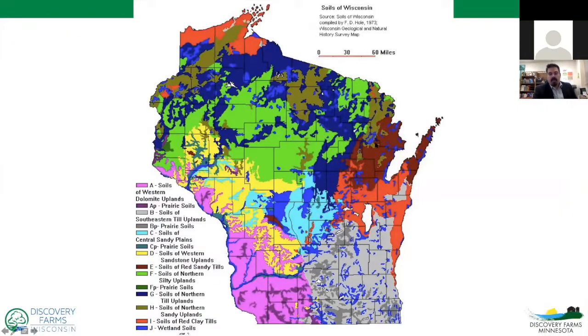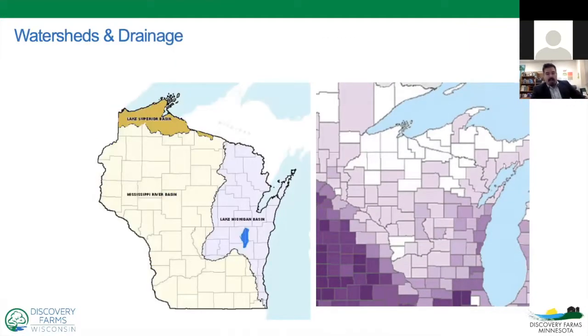And then we think about our soils. On the eastern side of the state, in the red here, these are what we call our red clay tills. So these are our heavy clay soils. We want to drain these just to alleviate some of that water holding, but they're really, really tight clay soils as well. And then we link that up with the fact that it's in the Lake Michigan basin.